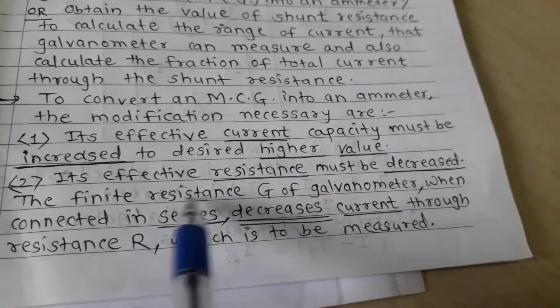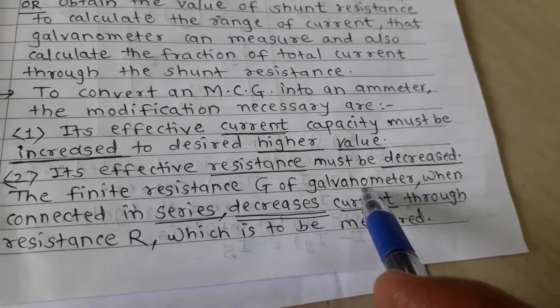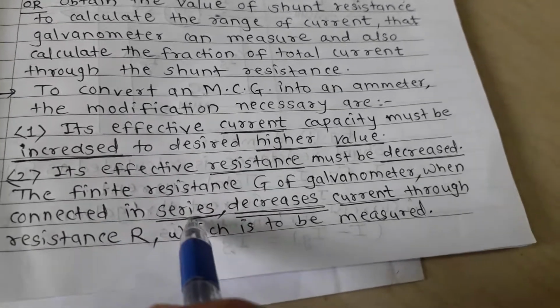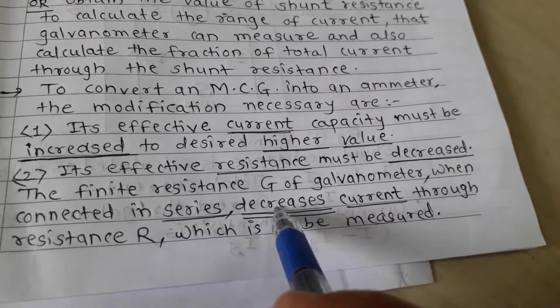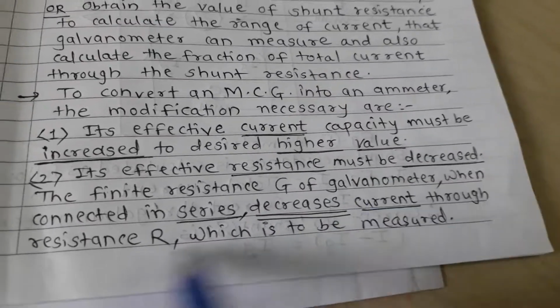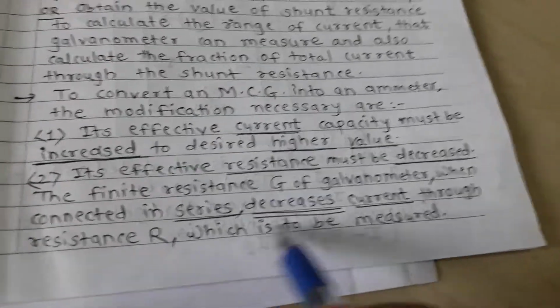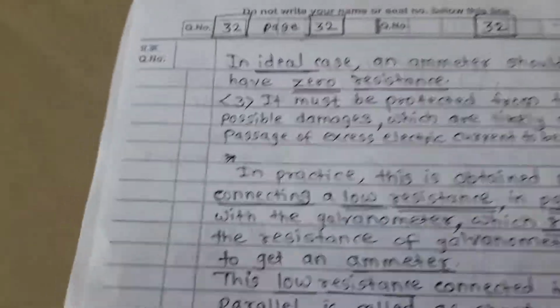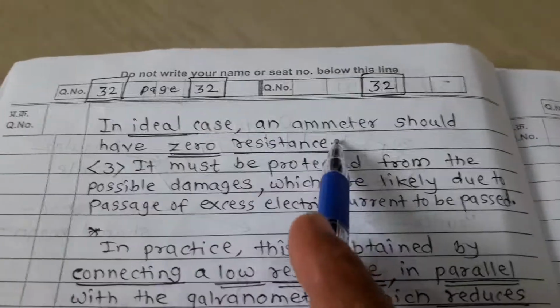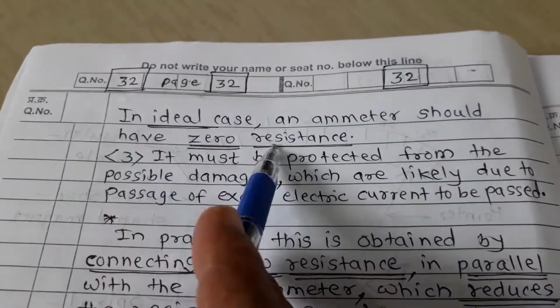The finite resistance G of the galvanometer, when connected in series, here the word series is important, decreases the current through the resistance R which is to be measured. In an ideal case, an ammeter should have zero resistance.